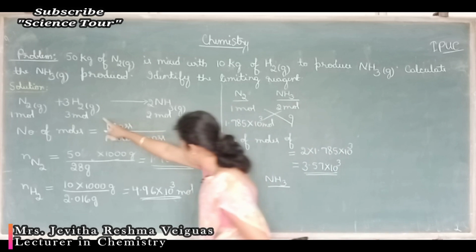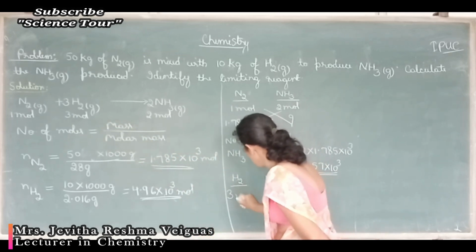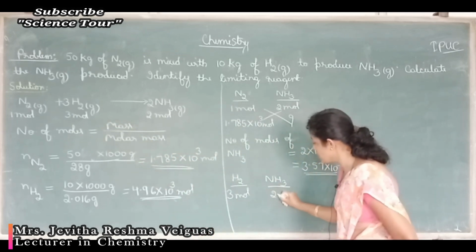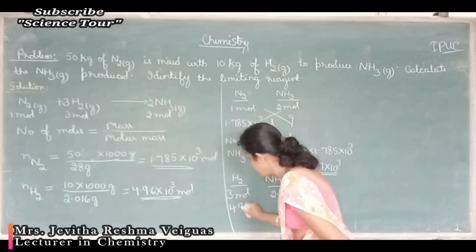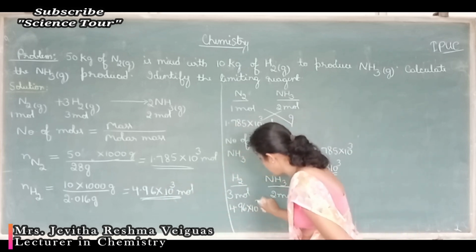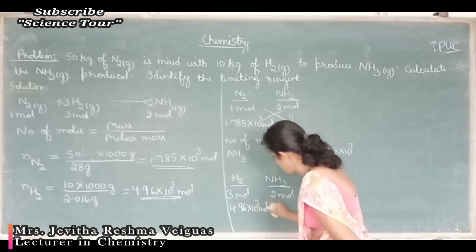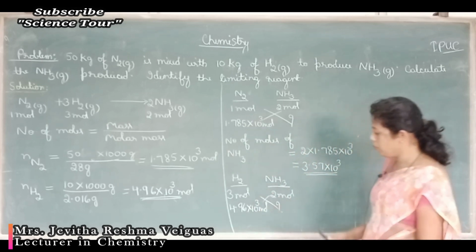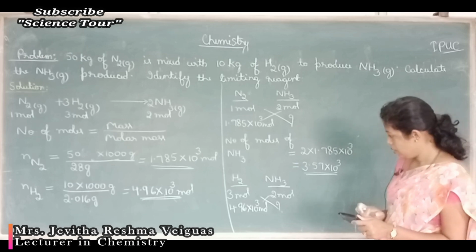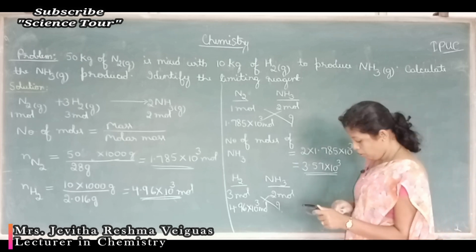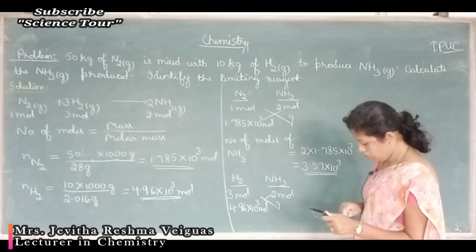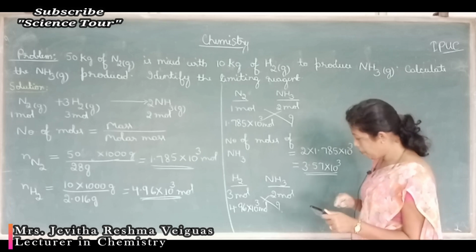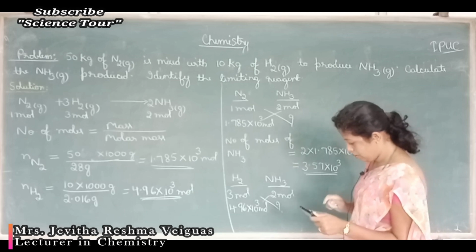Hydrogen, according to the equation, 3 moles will produce 2 moles ammonia. But in the problem we have 4.96 into 10 to the power 3 moles of hydrogen. That will give how many moles of ammonia? So find it. That is 4.96 into 2 into 10 to the power 3 divided by 3.